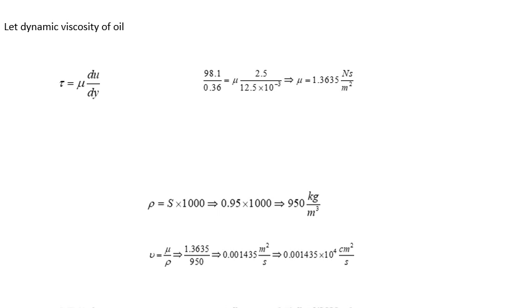Substitute these values and find the value of mu, the dynamic viscosity, which is equal to 1.3635 Newton second per meter square.